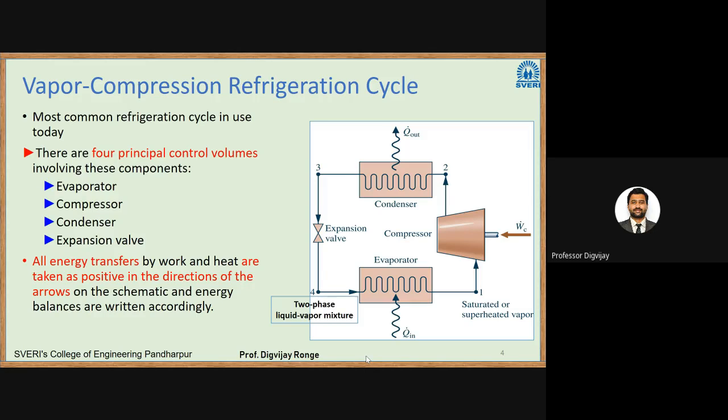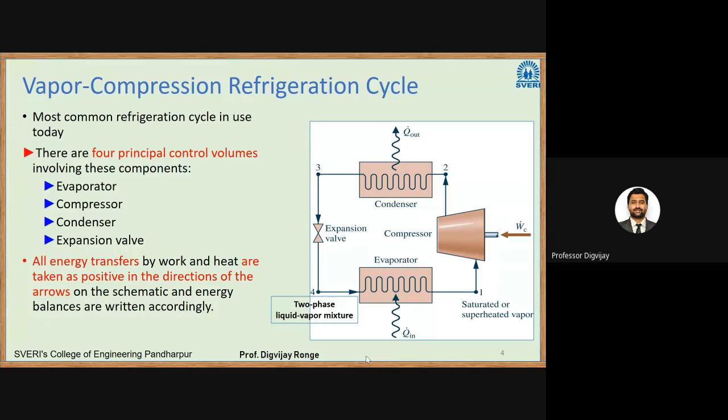It is responsible for the cooling phenomenon, and the condenser is the part which rejects the heat into the atmosphere. To carry out this whole operation, or to create the pressure difference in the system, we need a compressor. The compressor increases the pressure of the vapor refrigerant coming from the evaporator to the pressure of the condenser, right?